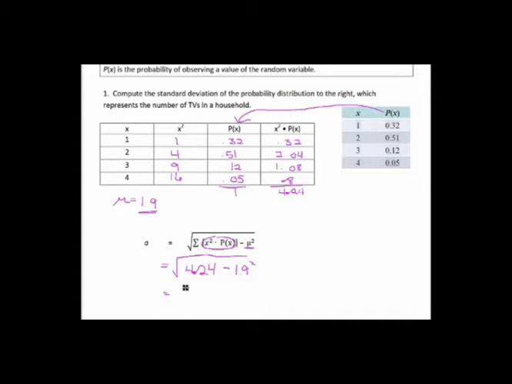And so you're going to get 4.24 minus 3.61. Can y'all hear my cat? She's being a pain. And if you do all that, do the subtraction and then do the square root, that's going to be 0.7937. Okay? But that takes a long time when you can do this in your calculator.